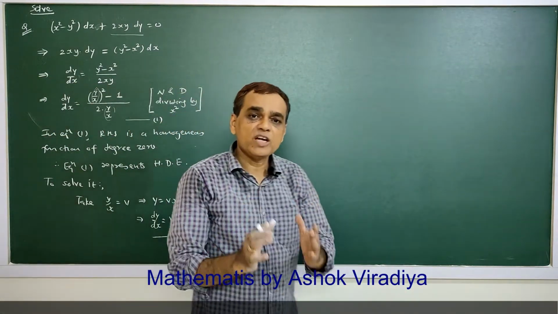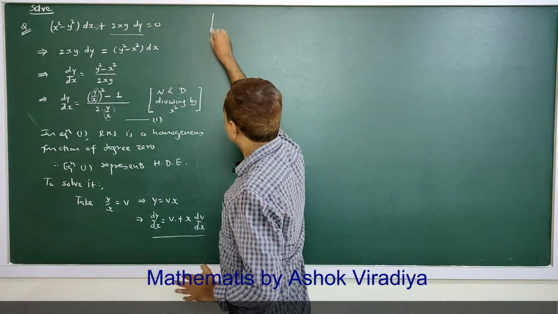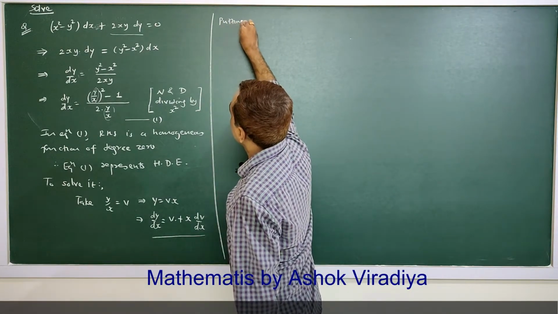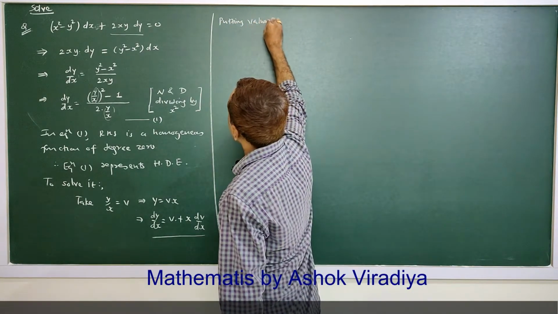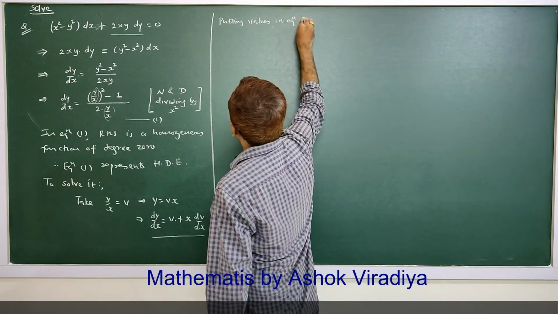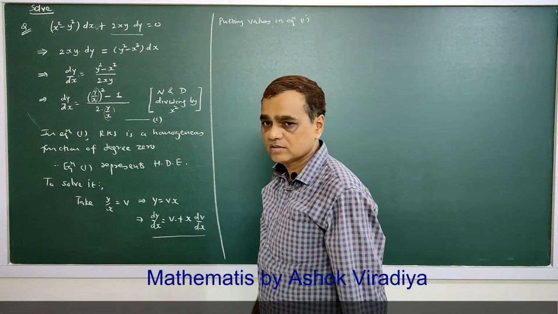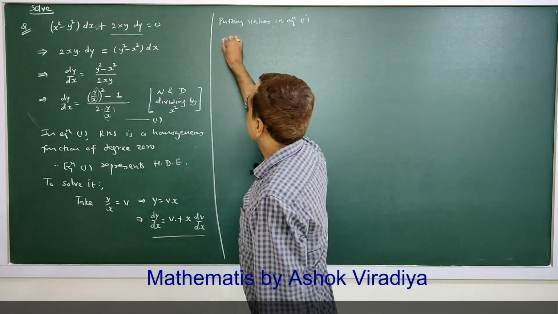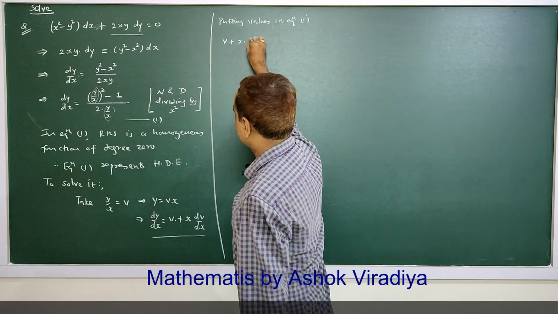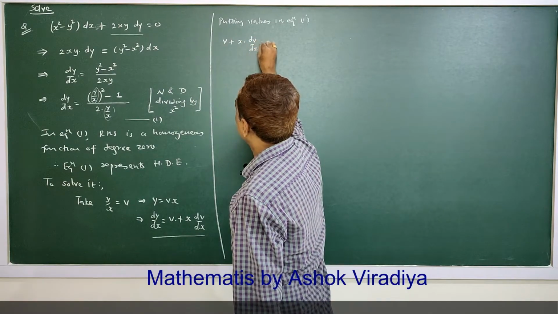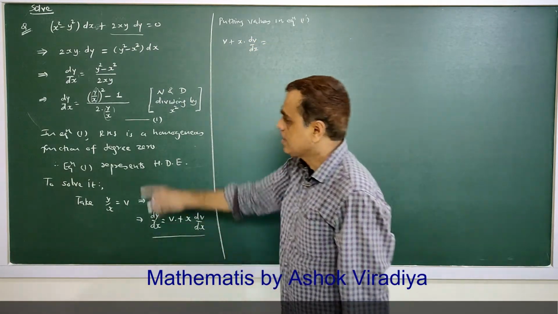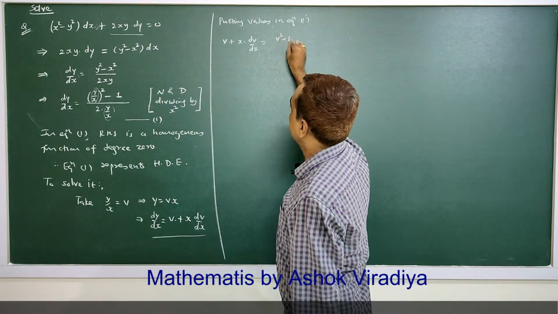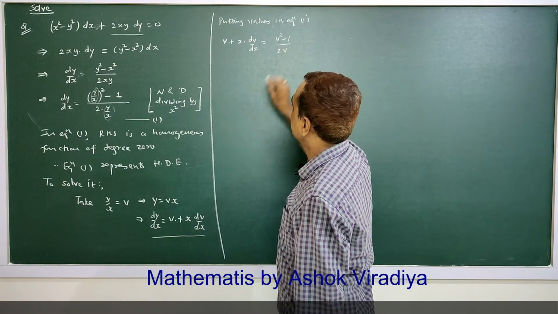So putting these values in equation 1, LHS dy by dx is v plus x into dv by dx, equal to RHS, y by x is v, so v square minus 1 upon 2v.